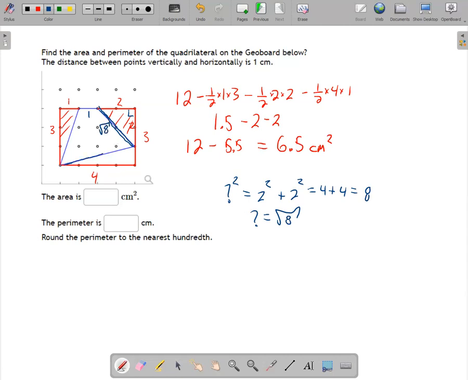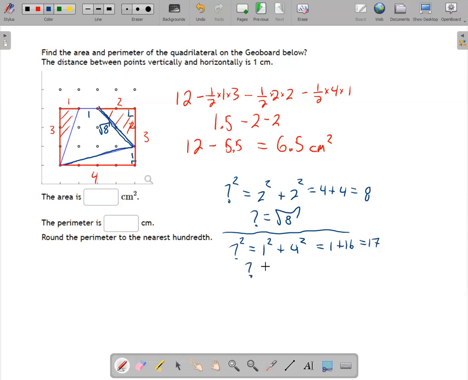This side down here is part of a 1 by 4 right triangle. So that is the hypotenuse that I want. The hypotenuse squared is equal to the sum of the squares of the legs. So that's going to give me 1 plus 16 or 17.